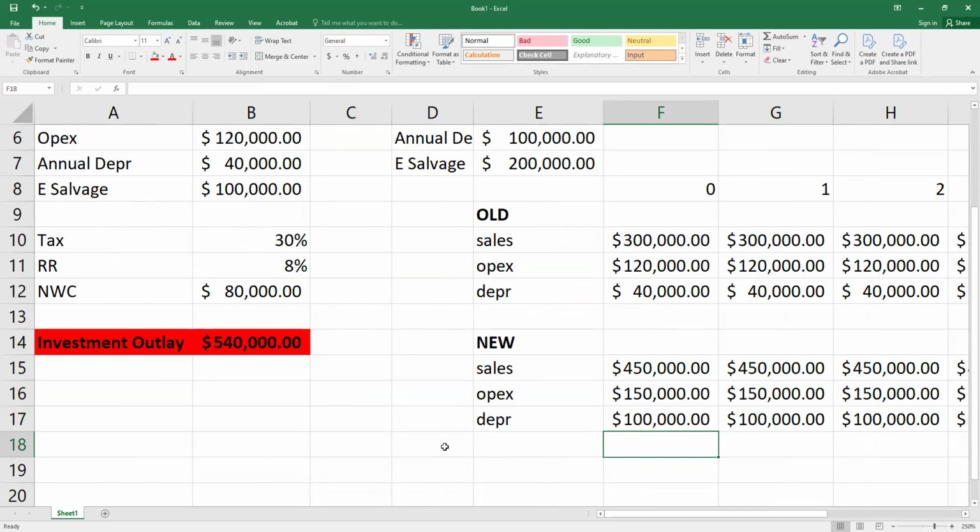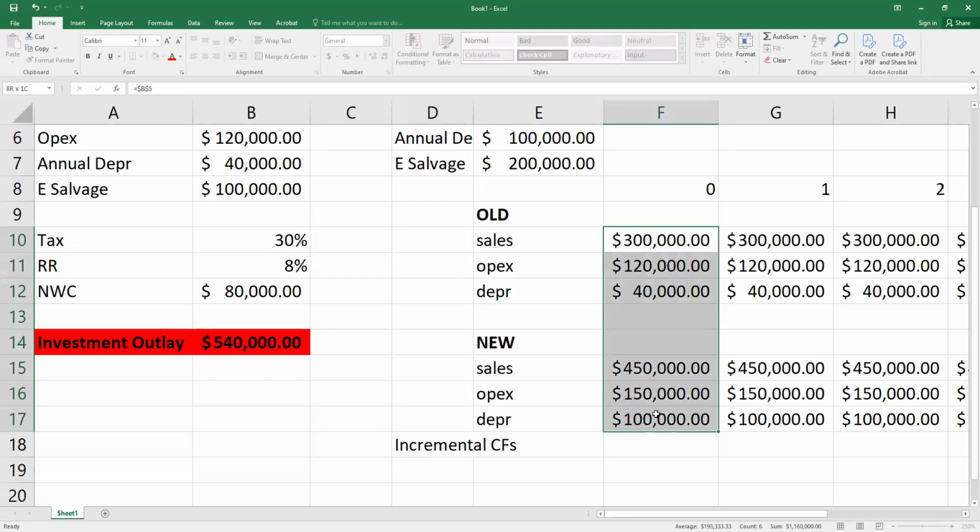Okay. Now we move to incremental analysis. Incremental cash flow. Yeah, that's a very good question. Why do we need to start from 0? 0 is the year of the investment. We don't have any cash flows, even for the old one.